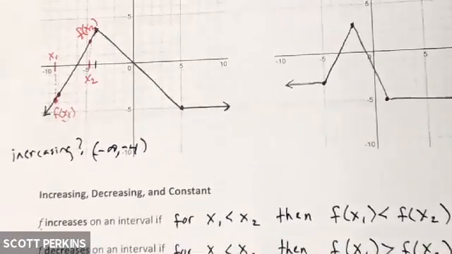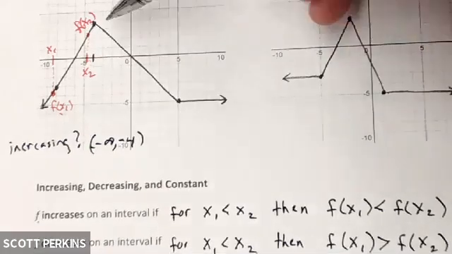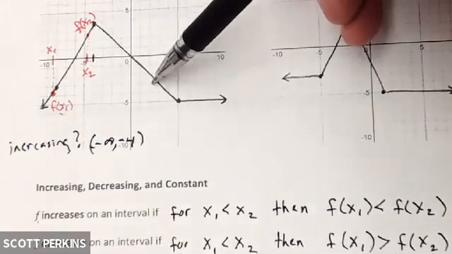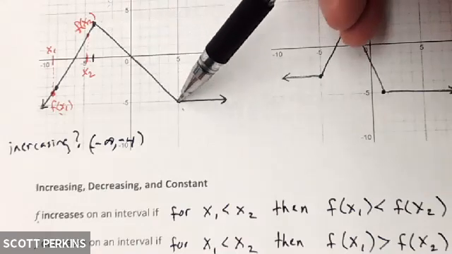So for the example that I was just doing, example 5, which interval is the decreasing interval here? The left one, the middle one, or the right one? The middle one, yes. As I trace this, notice these y values are decreasing. So as I go from my smaller x values to my larger x values, the y values go down.